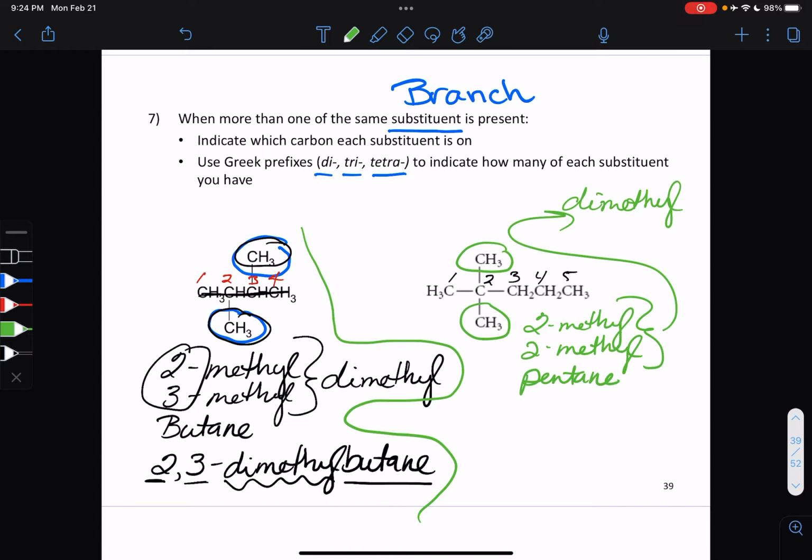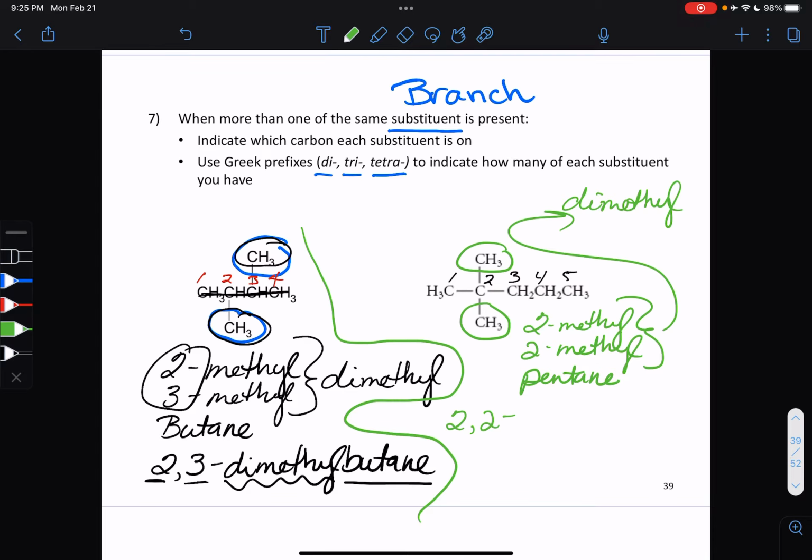If you have 2 branches, you need to label the location of both of the branches. So you need to say, I've got 2 branches, and one of them is on carbon 2, and the other one is also on carbon 2. Now, I know in our brains we're like, what?